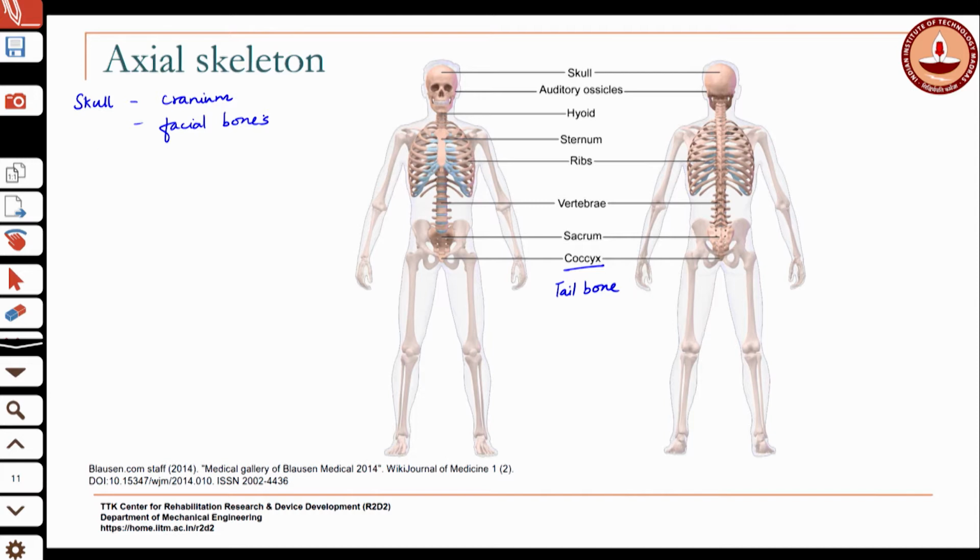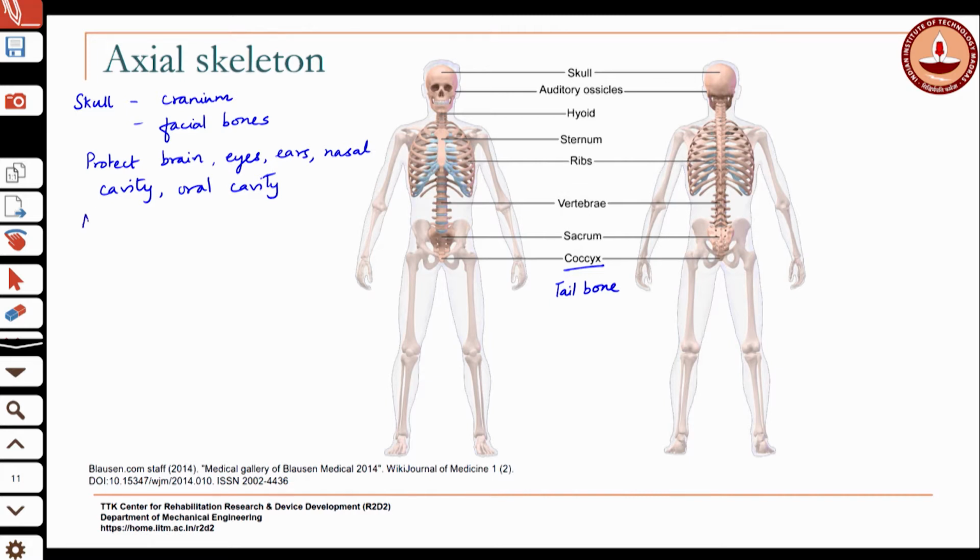And the function of the skull is basically to protect a very important part of your body, which is the brain, and also your sense organs, eyes, ears, the nasal cavity, the oral cavity, etc.